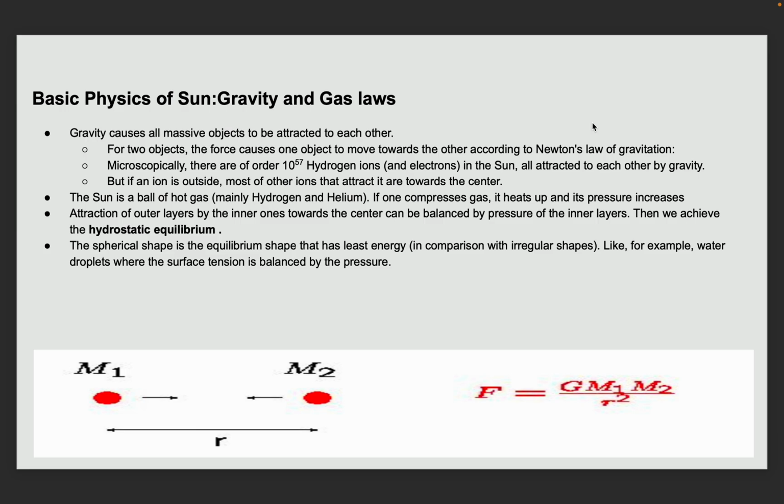Attraction of outer layers by inner ones toward the center can be balanced by the pressure of inner layers. Then we can achieve hydrostatic equilibrium. The spherical shape is the equilibrium shape that has the least energy in comparison to an irregular shape, like for example water droplets, where the surface tension is balanced by the pressure.